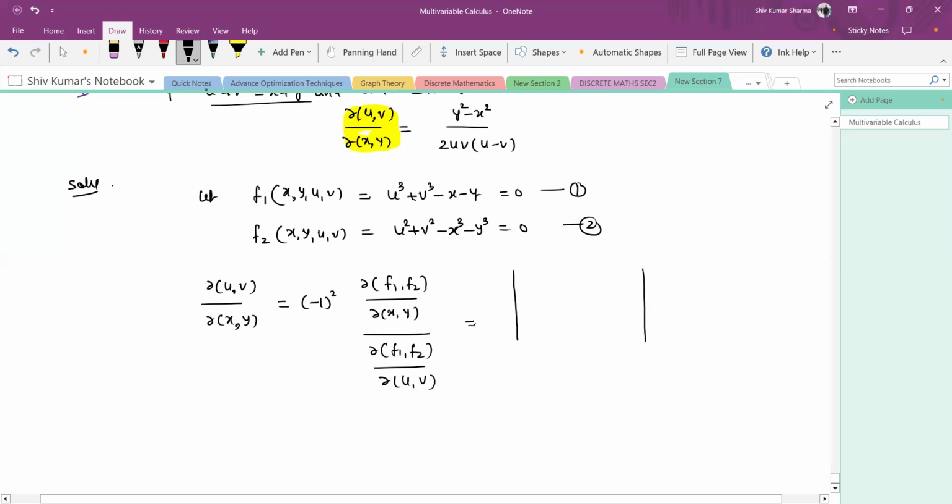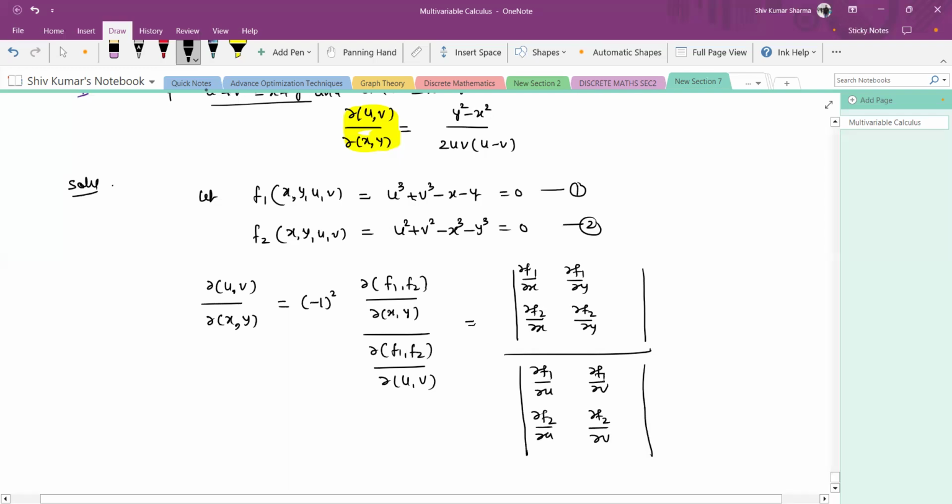So we solve the first numerator. This can be written as the determinant of del f1 upon del x, del f1 upon del y, del f2 upon del x, del f2 upon del y, upon the denominator: del f1 upon del u, del f1 upon del v, del f2 upon del u, del f2 upon del v.